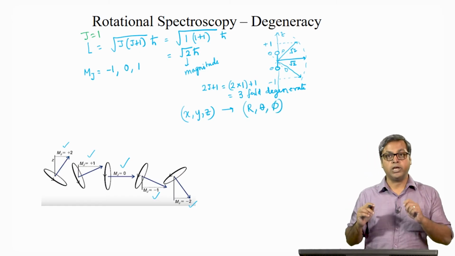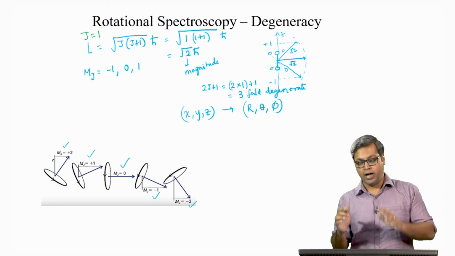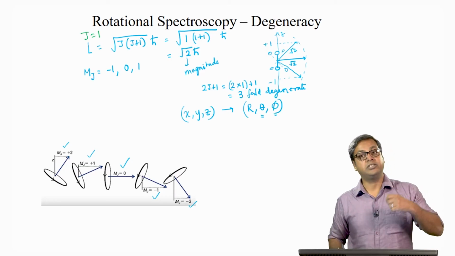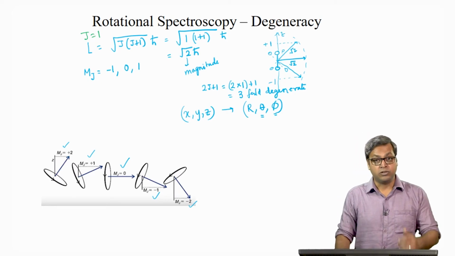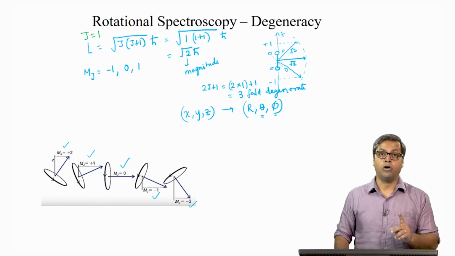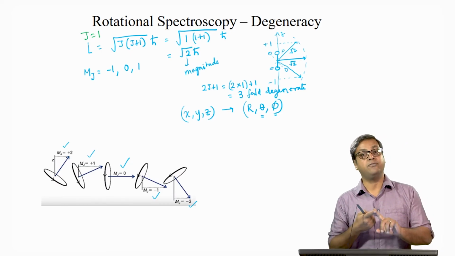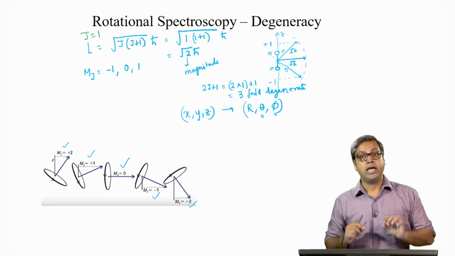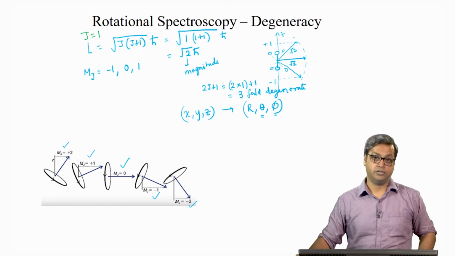So, when I am talking about this theta and phi, I am talking about the theta and phi which we mentioned in the last lecture. There is a boundary condition associated with both of these coordinates theta and phi, and so there is a quantum number associated with each of these boundary conditions.